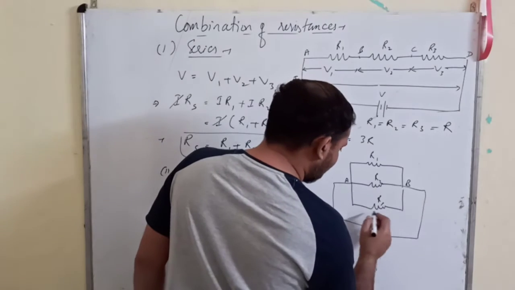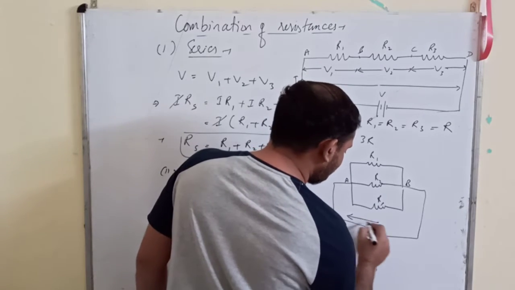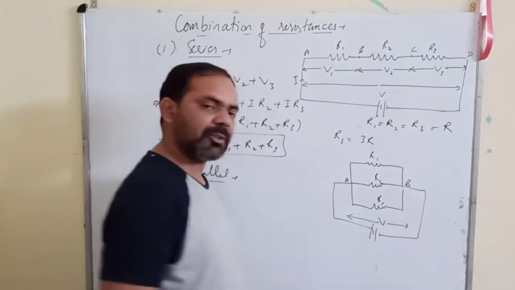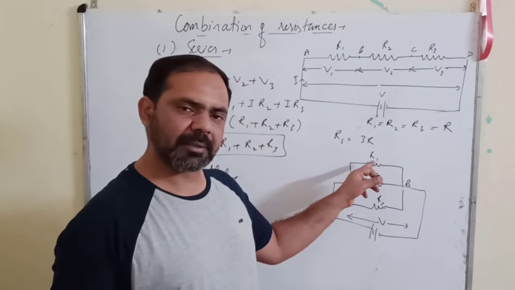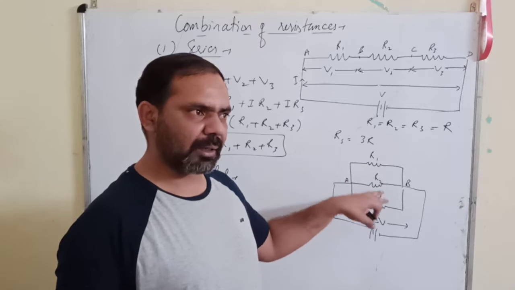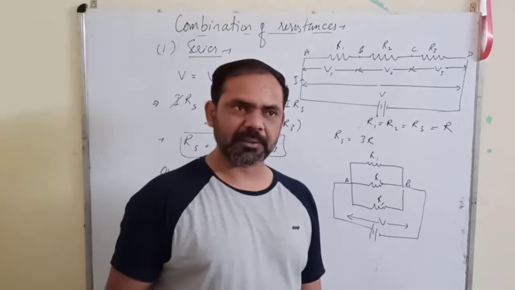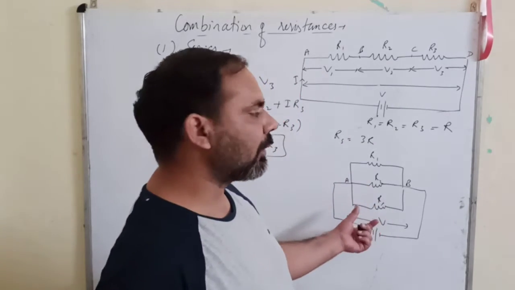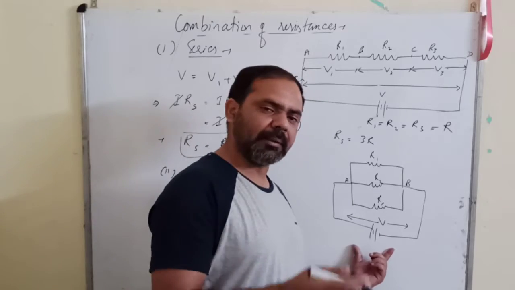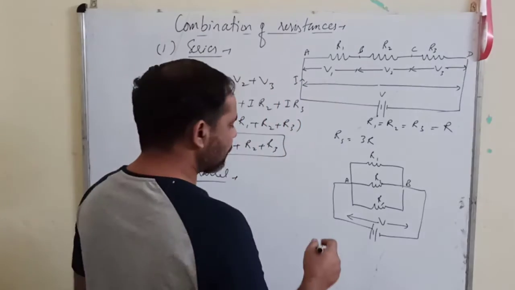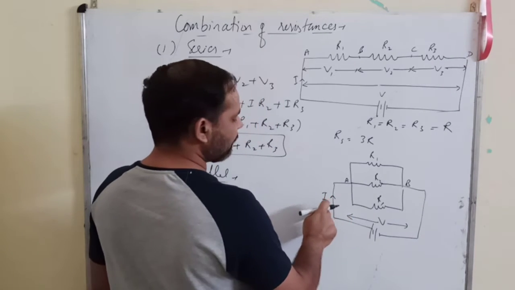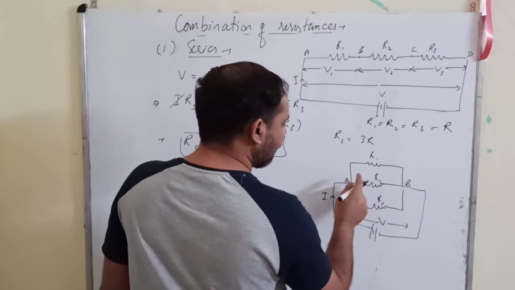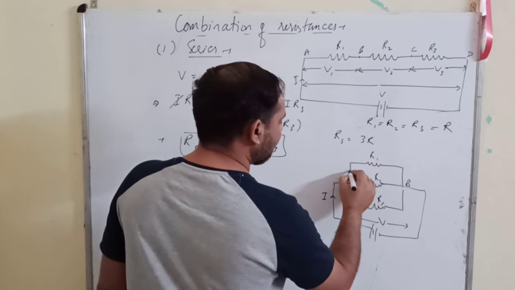So what quantity will remain constant? It is potential difference. The potential difference across R1 is equal to the potential difference across R2, equal to the potential difference across R3, which is equal to the potential difference applied by the battery. Now suppose current I comes from the battery, then here the division of current will take place.